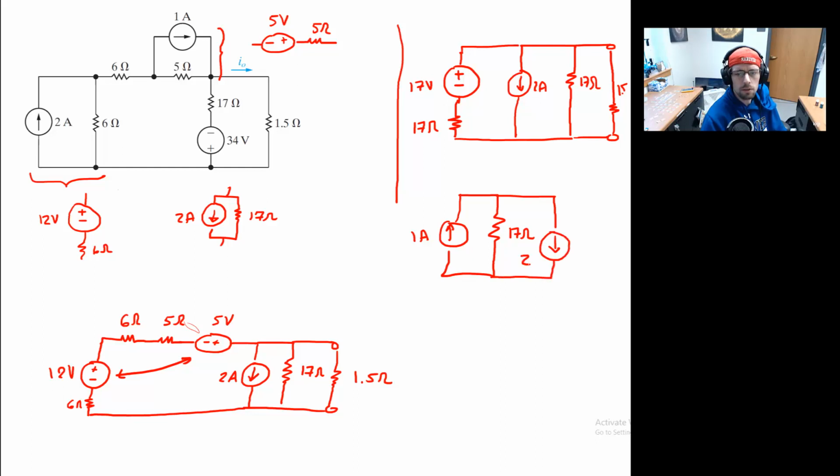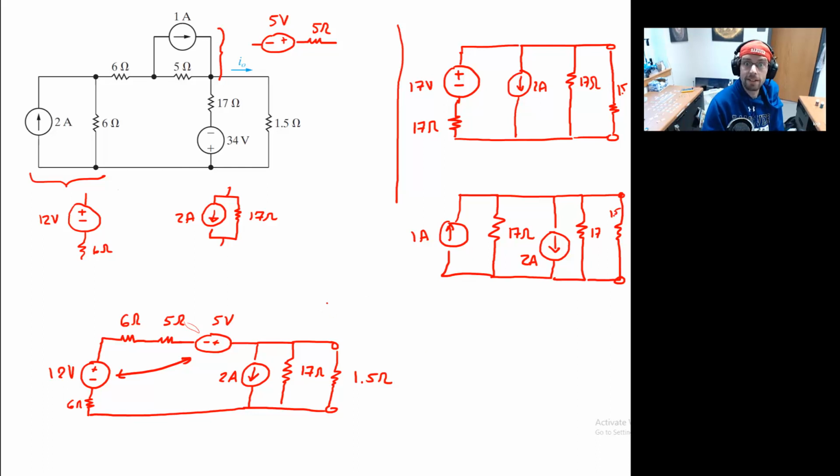So this is 2 amps going down. A second 17 ohm resistor. It's almost like somebody actually thought out the numbers. And then our 1.5 ohm resistor, our load.